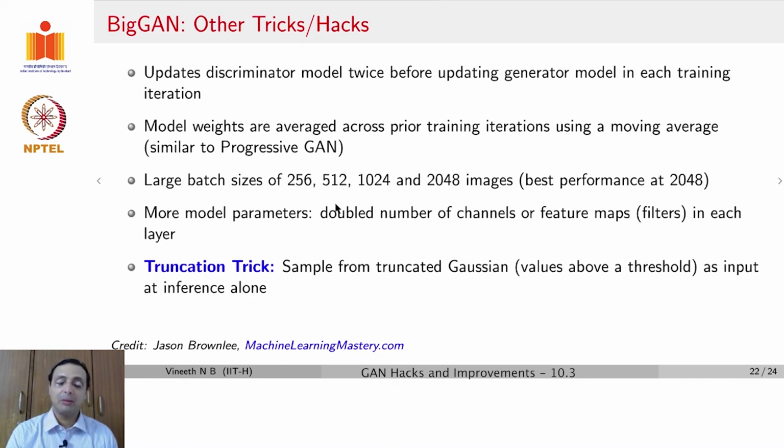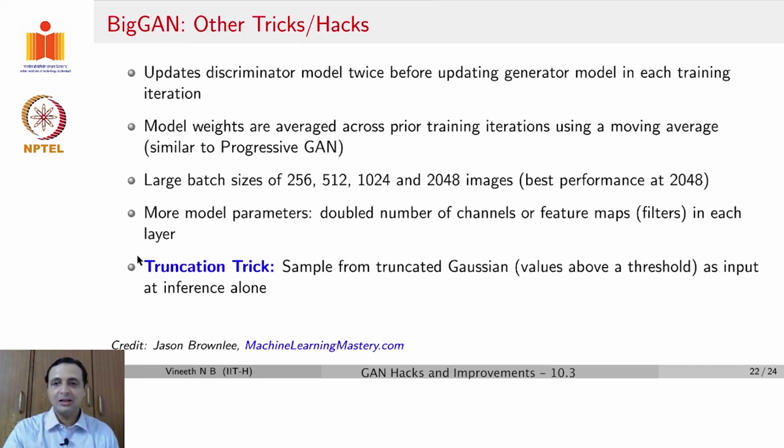They also doubled the model parameters or the number of channels in each layer, and they employed a trick known as the truncation trick, where while the generator initially receives a latent vector from a Gaussian during training time, at test time you sample a latent from a Gaussian, and if that value is less than a threshold, you discard it and sample another value. So this is called a truncated Gaussian.